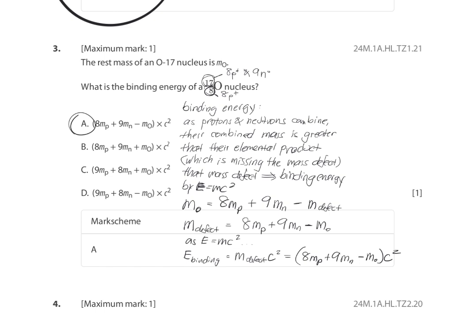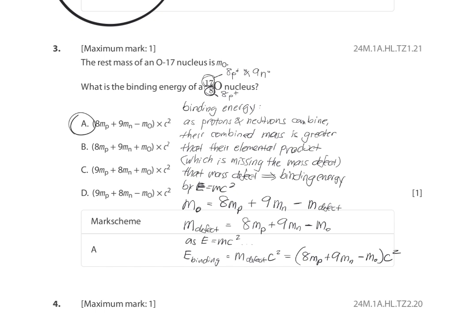Well, as the protons and neutrons combine, that combined mass is greater than the elemental product, because that product is missing the mass defect. That mass defect, which just means missing mass, becomes the binding energy to hold the oxygen nucleus together by E equals mc squared.